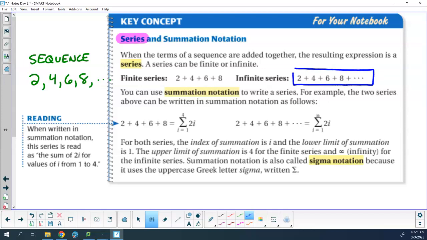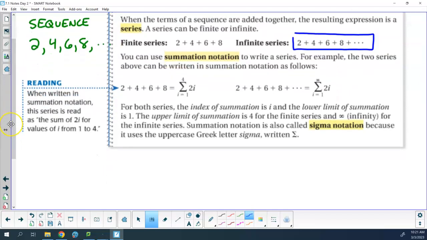Okay? But with that comes our old friend, or your old friend, sigma notation. So sigma notation starts with the Greek letter sigma, which is a really funky looking E. Then you have some kind of variable.